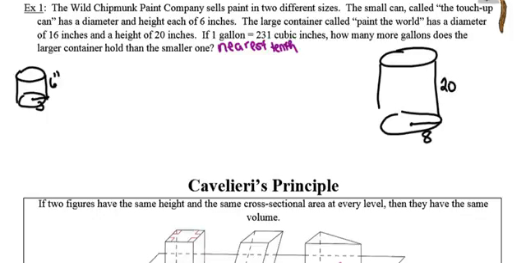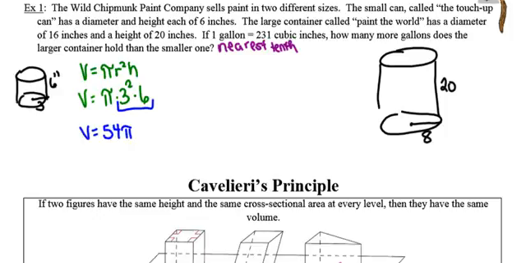So what I'm going to do is go ahead and find the volume of both cans. So volume, using my formula from my formula sheet, volume of the little can is going to be pi times r squared times h, or pi times 3 squared times 6. And now I'm just going to multiply in my calculator 3 squared times 6. So exact volume is going to be 54 pi cubic inches.